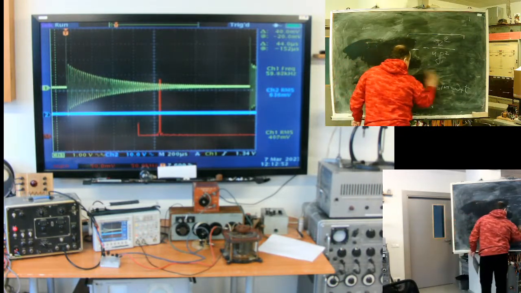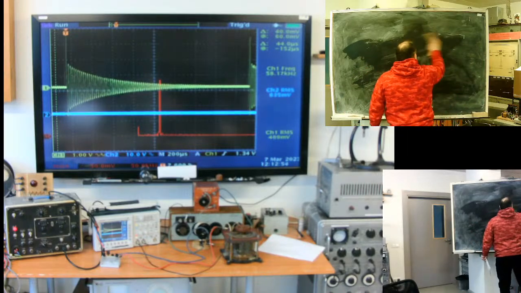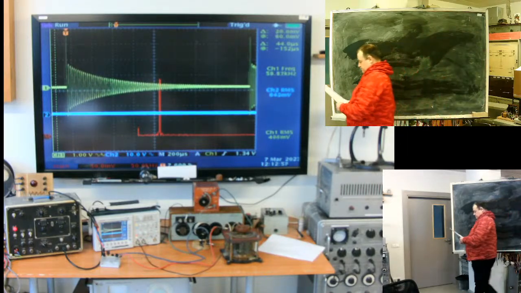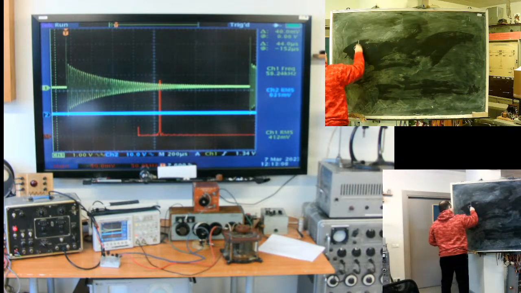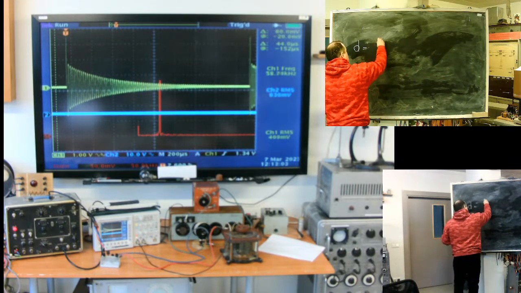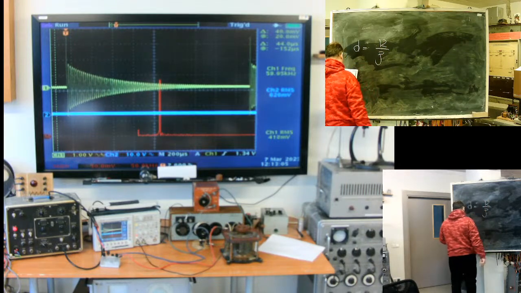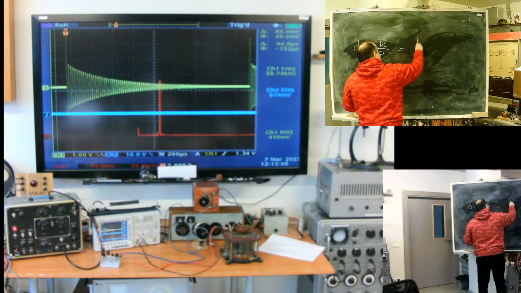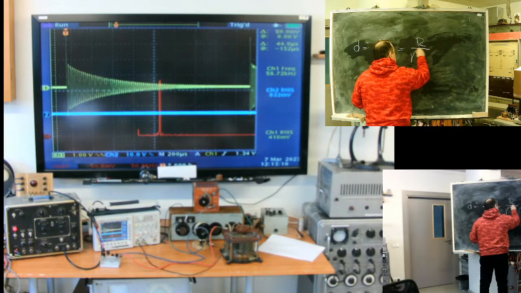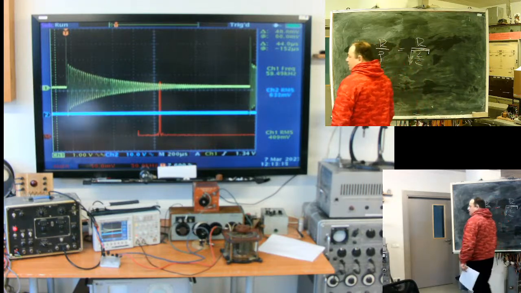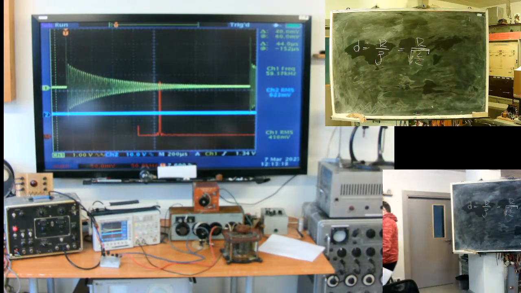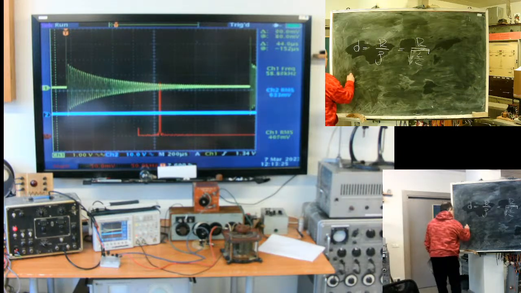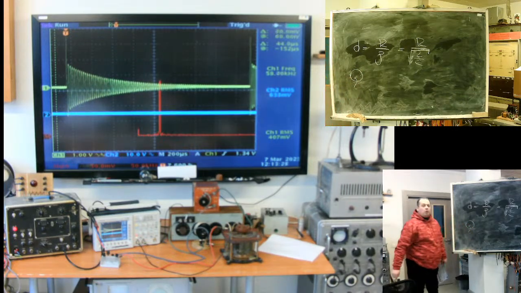To characterize the quality of this oscillation system or resonant system, the decrement is introduced. It's active resistance divided by wave resistance, or by the square root of L divided by C. It characterizes losses in a contour. This decrement unit isn't widely used. Widely used is its inversion, Q, from quality.